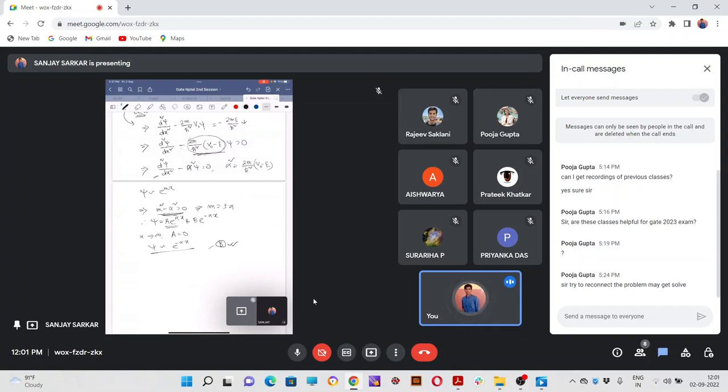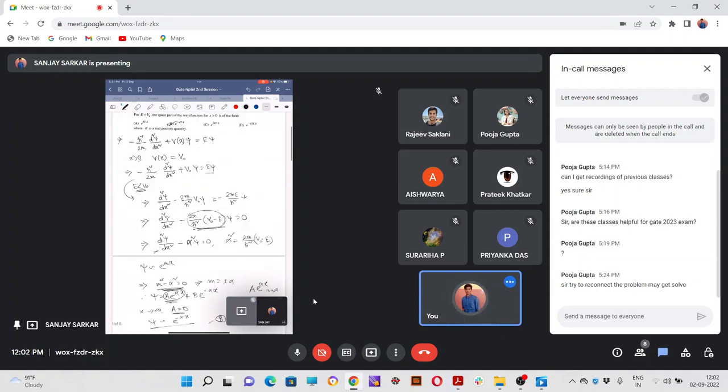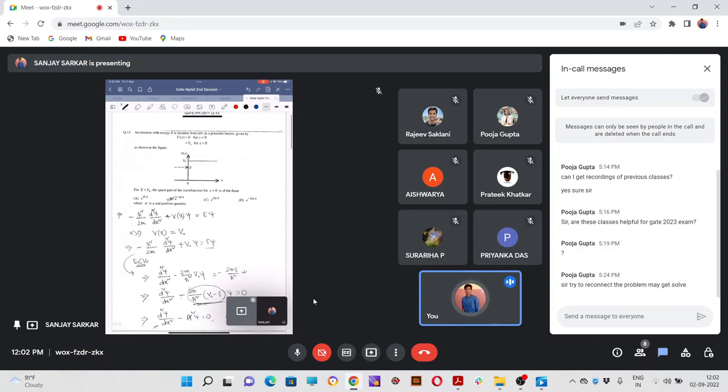If x goes to infinity, this term diverges, because it is A e to the power alpha x, but that can't be true. So A must be 0. So if A is 0, then psi is proportional to e to the power minus alpha x. That is, it is a decaying function. So option B is correct for this problem.